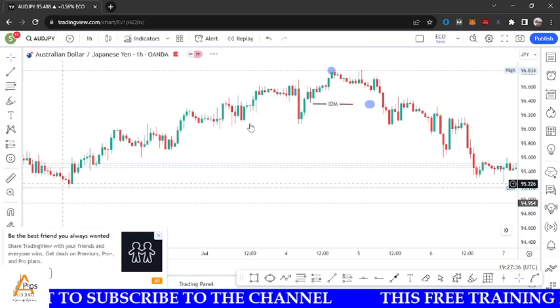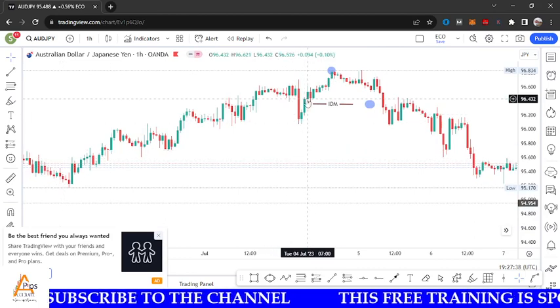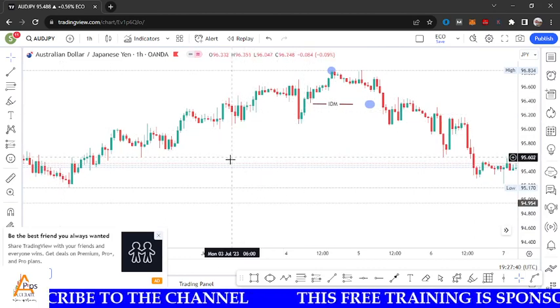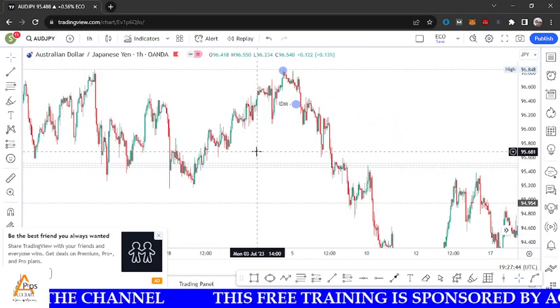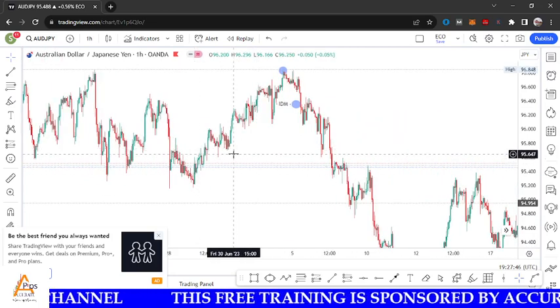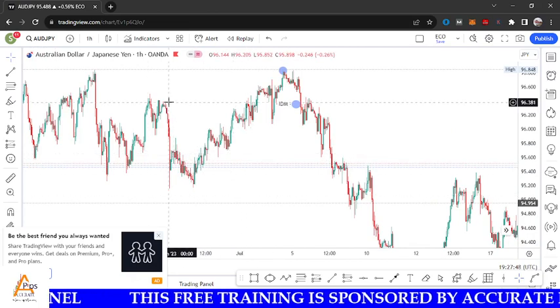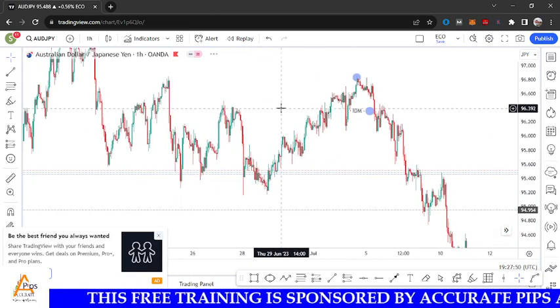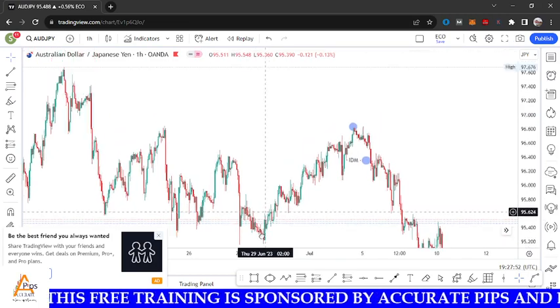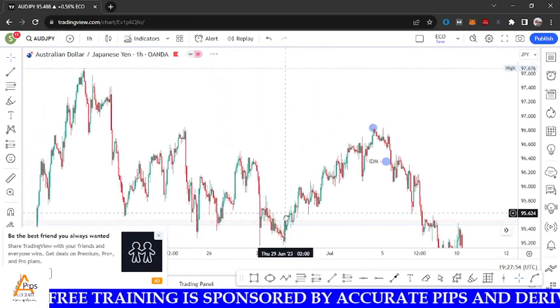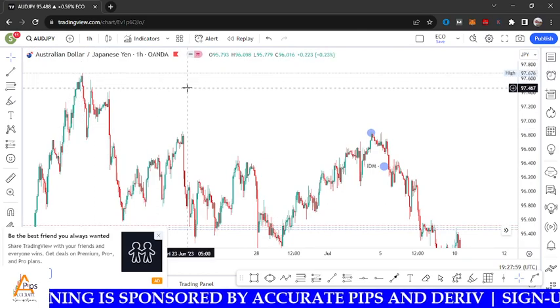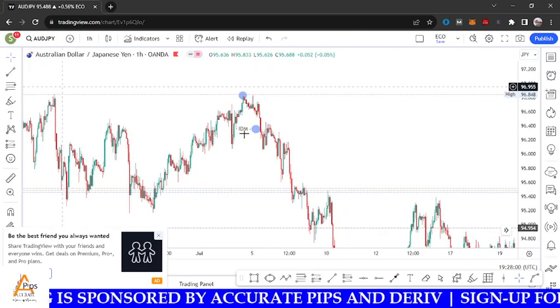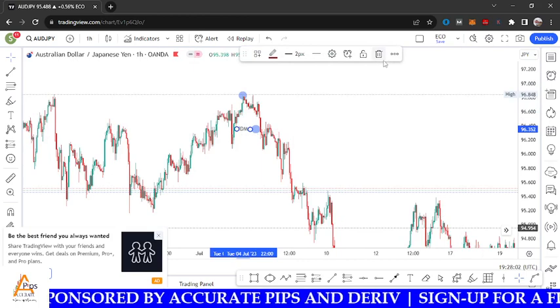Now, if we want to start from here to look for the previous lowest point, if you want to look for the low, looking at here, I think the bearish trend started somewhere here.